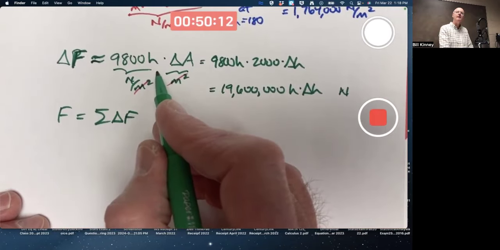At the top, H is 0. At the bottom, H is 180. So this is 0 to 180. Pretty easy integral to do. Though the numbers are big, you can switch to scientific notation if you want. 19.6 million would be 1.96 times 10 to the 7th.